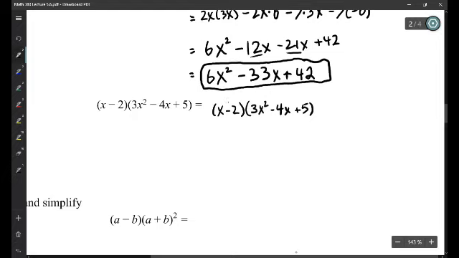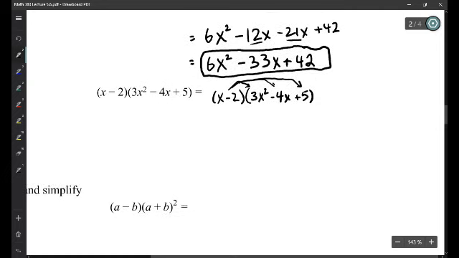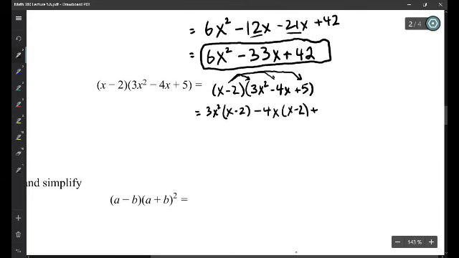So the x minus 2 distributes to the 3 terms in the second polynomial. And we get 3x squared times x minus 2, and then minus 4x times x minus 2. Then plus 5 times x minus 2.